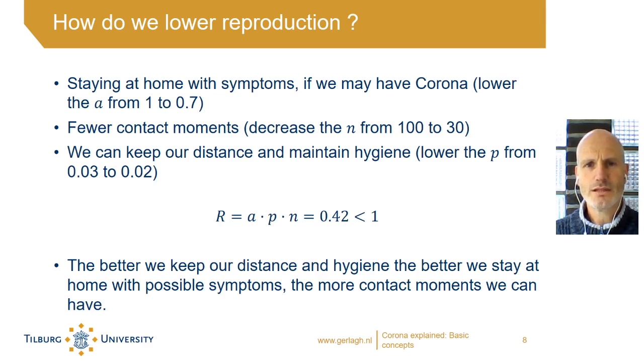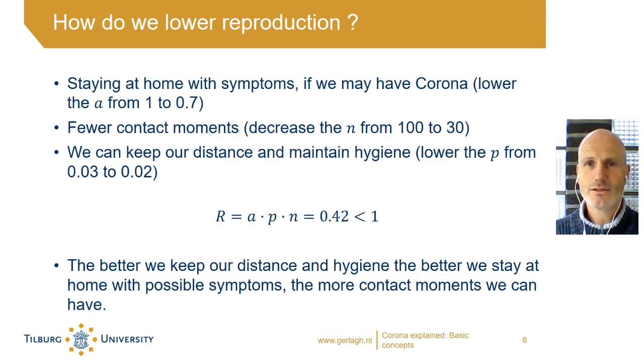We can reduce the number of people we interact with and the number of times we meet them, for example by 70%. The N then drops from 100 to 30. We can keep our distance and wash our hands, which reduces the risk of infection. I assume a decrease of 30% for P, which reduces then from 0.03 to 0.02.